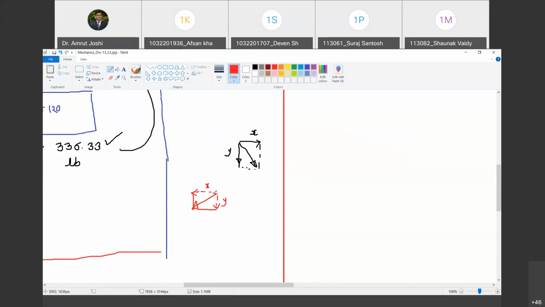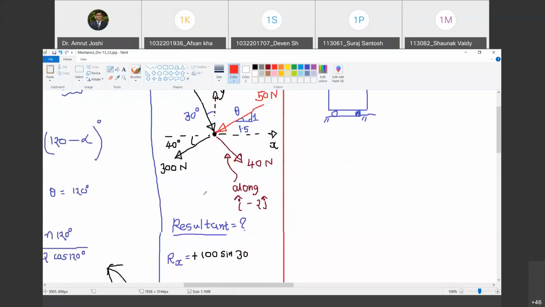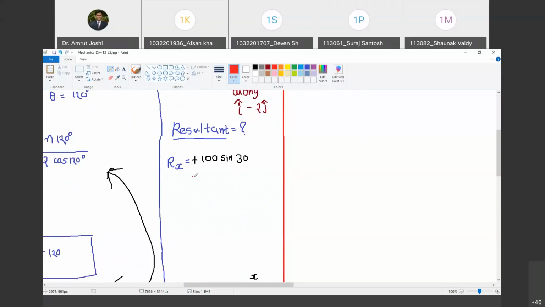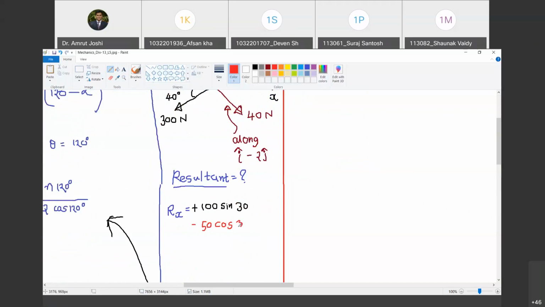Now do you agree that the x component is towards left? Yes, sir. Then only the addition will turn out to be like this. So if the x component is towards left, what is the sign that I should give? Minus 50 cos of 33.69. Happy? Yes, sir.